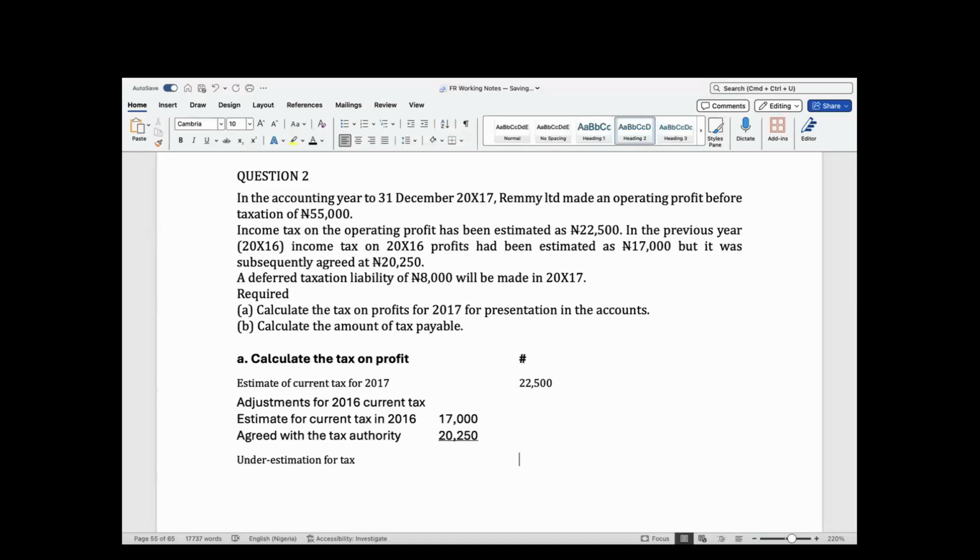And we're going to credit bank. So we'll have 3,250, which means that our income tax expense that goes to P&L for 2017 is the addition of these two, which is 25,750.